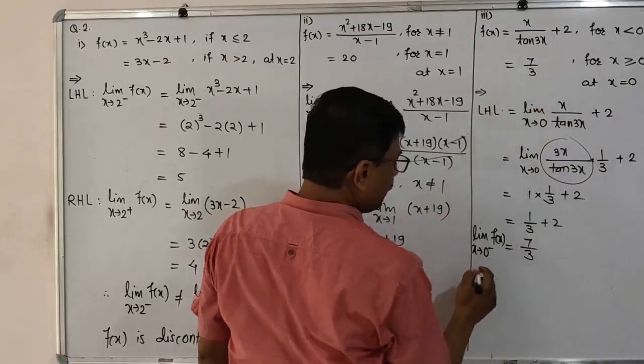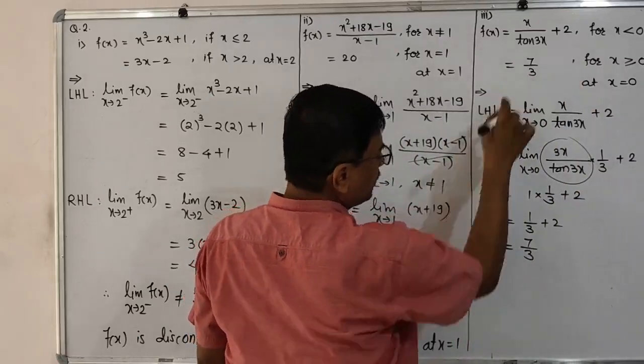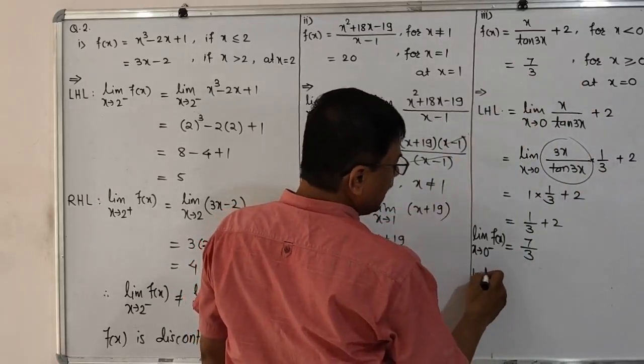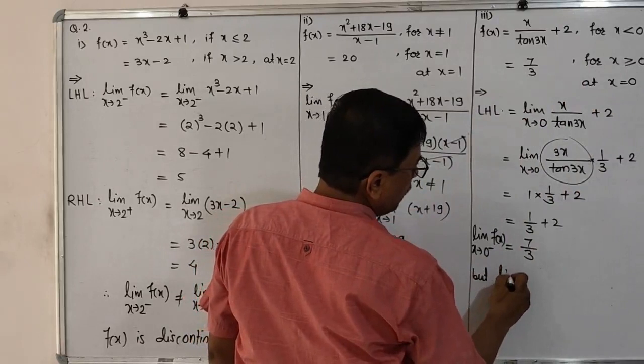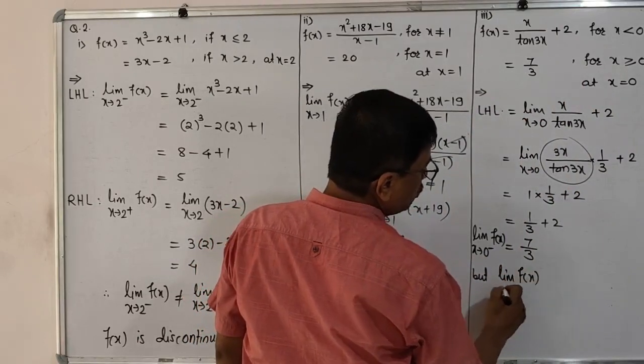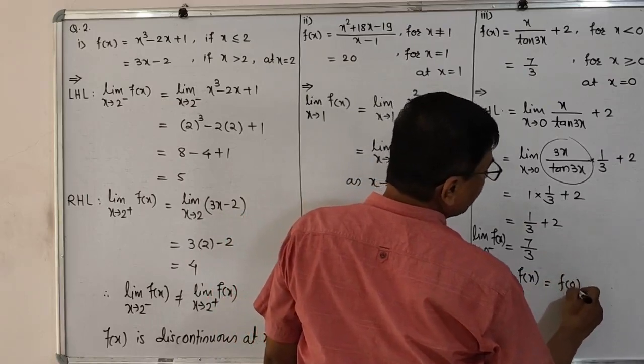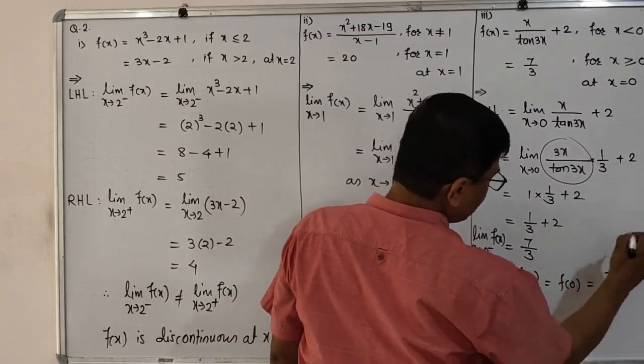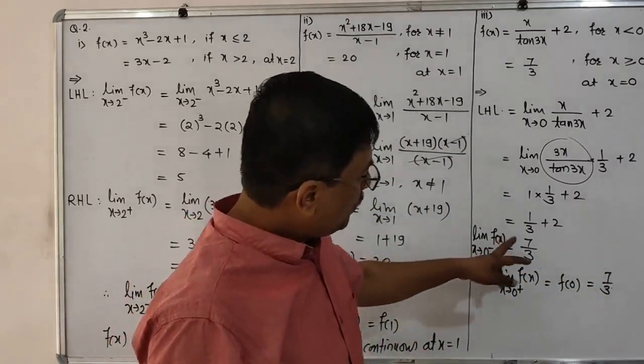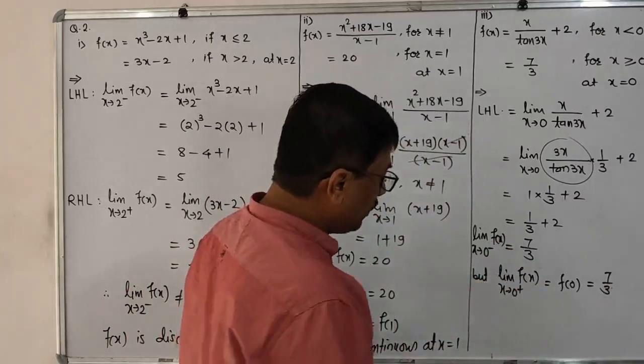RHL and value: from this function directly, we can say that limit of f of x as x tends to 0 plus and f of 0 both are equal. They are nothing but 7 by 3. Means all the three values are equal.